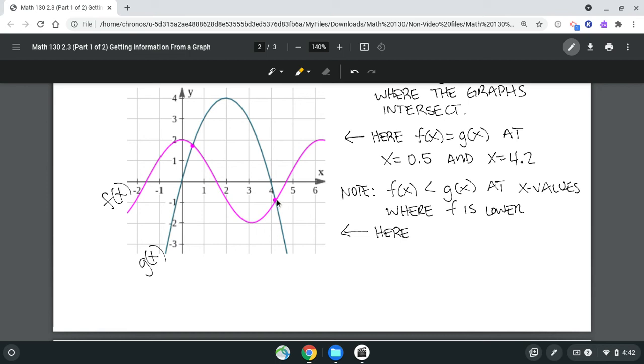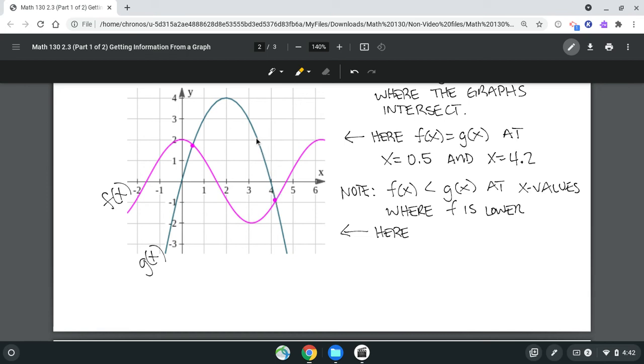And then all of a sudden over here, the pink graph is above the green graph. So here f of x is less than g of x in this area for all of these x values. Instead of saying one particular value, we can say this interval from 0.5 all the way to 4.2.